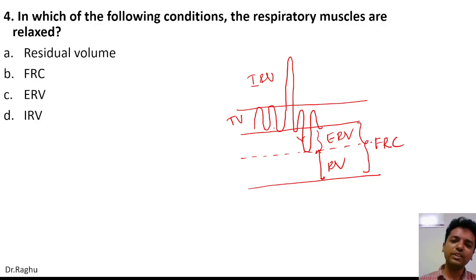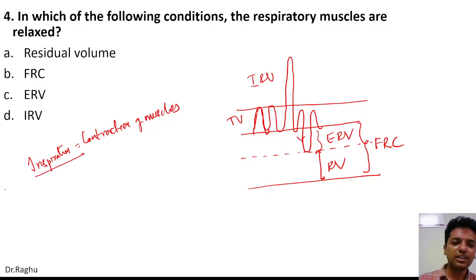One thing is, this is inspiration and this is expiration. One more thing I would like to tell you is that for inspiration to occur at rest, I need contraction of the muscles. That means inspiration occurring at rest is an active process.